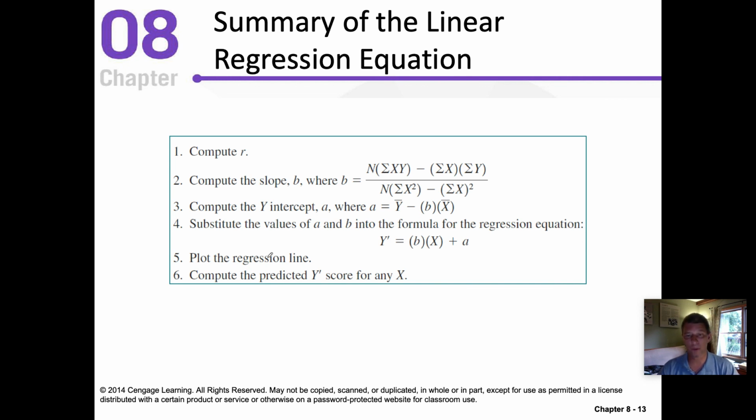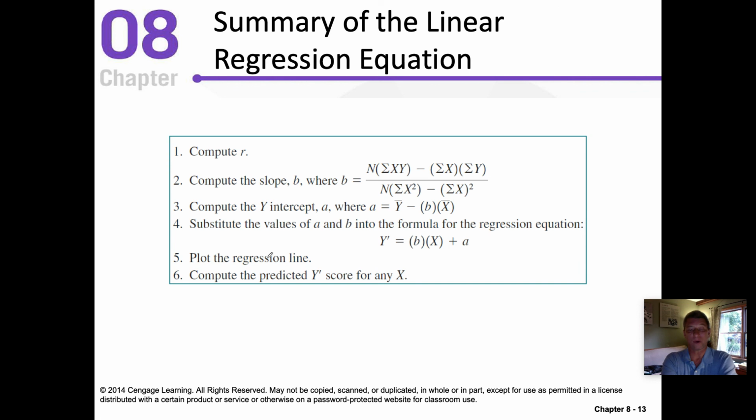Once we've got the slope, we can then calculate the value of the y-intercept, a, where a equals the average value of y minus b times the average value of x. Substitute the values of a and b into the formula for the regression equation, y prime equals b times x plus a, and then plot the regression line on a graph.